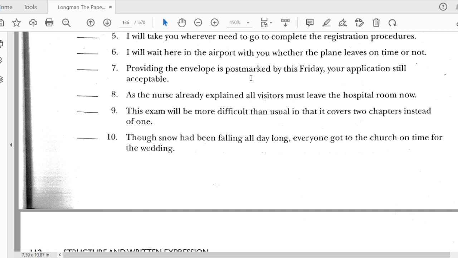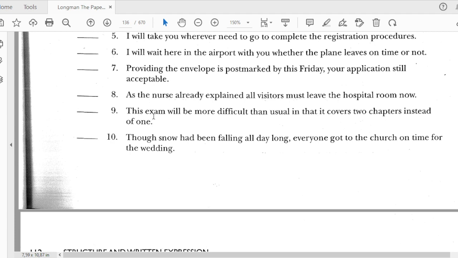As the nurse already explained, all visitors must leave the hospital room now. As the nurse already explained, all visitors must leave the hospital room now. Okay, correct.